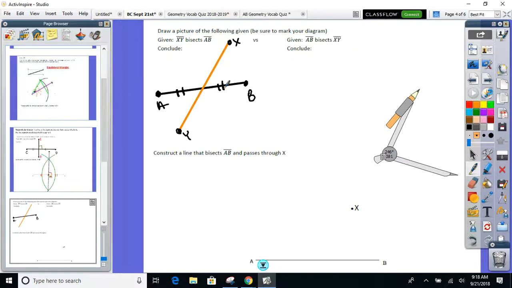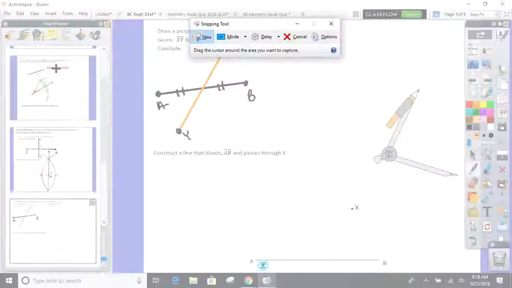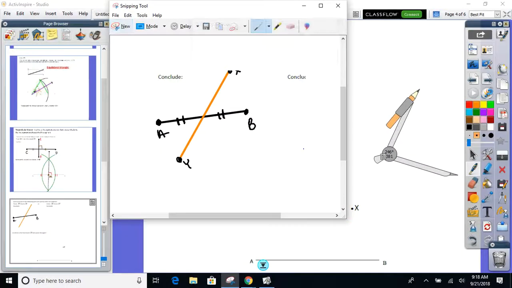And now on the next one, AB bisects XY, I can use the same diagram, but what's the only change I'm going to make? I'm going to put the hash marks on XY, yes. All right, so you can use the exact same diagram right now, but just put the hash marks on XY.